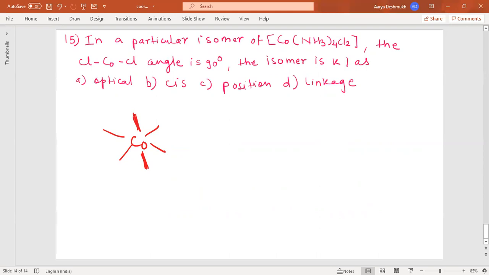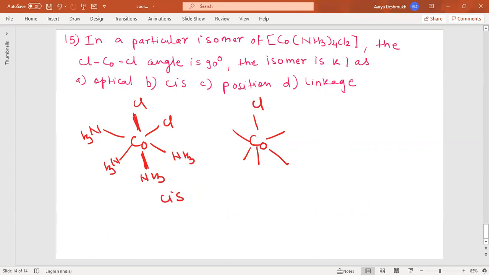Now the next stage, you can draw the structure: Cl, Cl, NH3, NH3, NH3 and NH3. So this is your cis one. Draw the trans for this: NH3, NH3, NH3 and NH3.